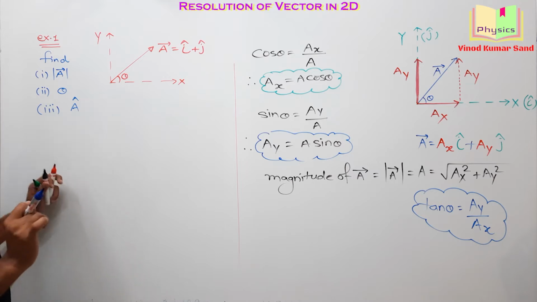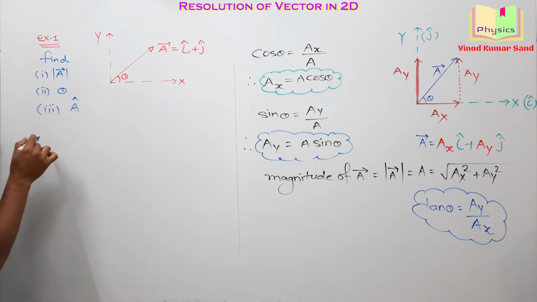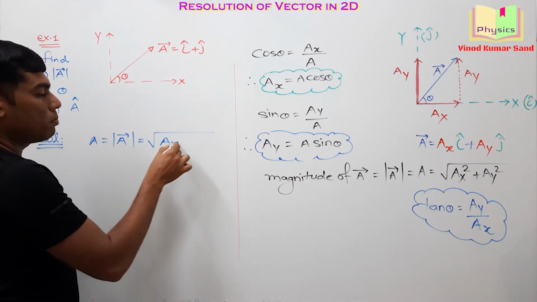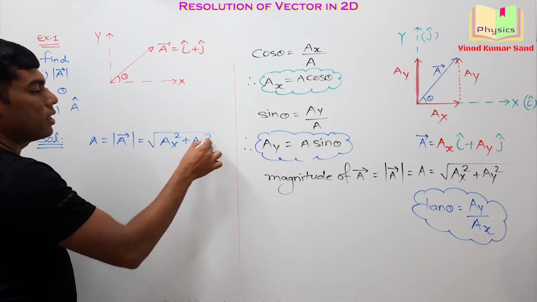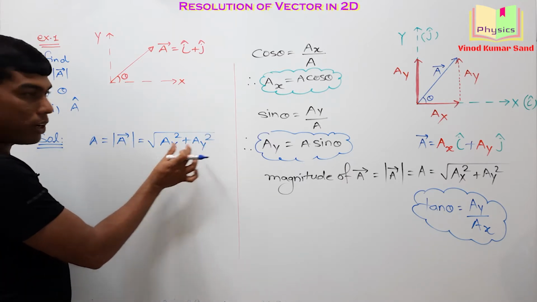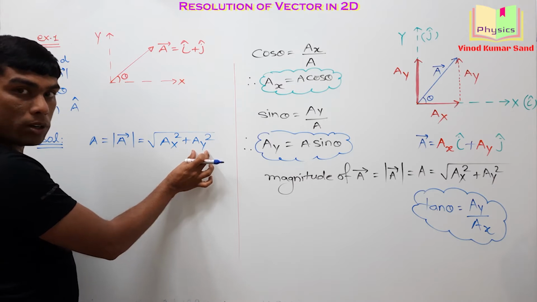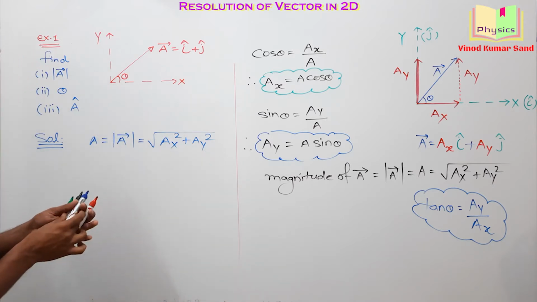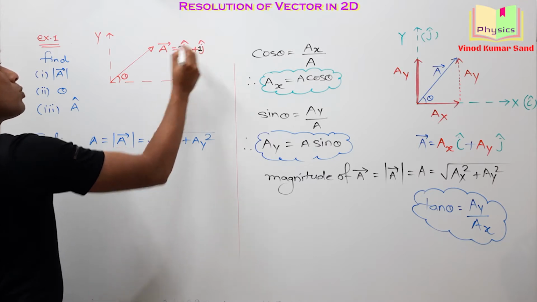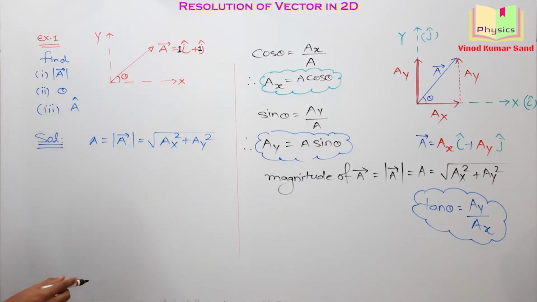I am simplifying everything. First of all, for the magnitude, which is equal to root of AX square plus AY square, you need the magnitude of the x component of the vector as well as the y component of the vector. So what you can do, you can represent this as 1 i cap plus 1 j cap. Do you agree?